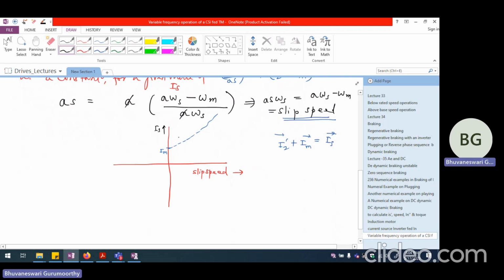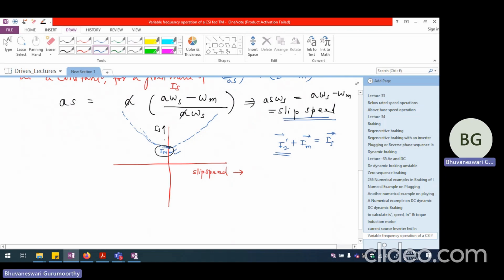And when the slip speed is 0, the rotor current is going to be 0, so we will have the total source current equal to the magnetizing current. The same thing holds good for negative slip speed as well. So we will have a characteristic for the current source value somewhat like this. The current source value will be equal to the magnetizing current when we are talking about 0 slip speed. And as the slip speed increases, because the rotor current value increases, we will have the total current increasing slowly, as per the torque requirement of the load.